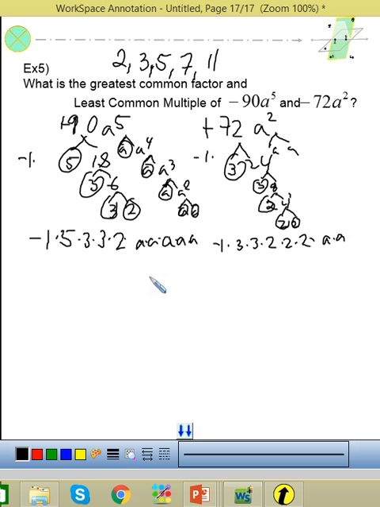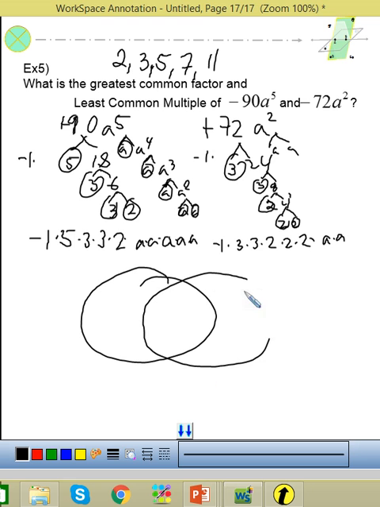So far, so good? I'm going to zoom out so you can see the Venn diagram. We got this one. Hold on, we're almost done. -90, A to the 5th. -72, A to the 2nd. What do both numbers have in common? 2 3s and 1 2.